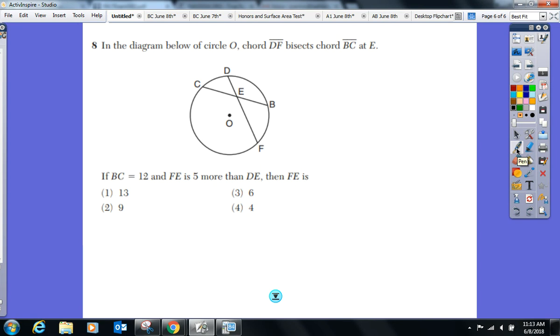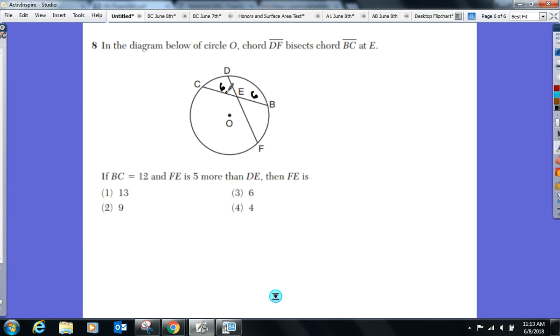BC is 12, FE is 5 more than DE. Oh, and we were told chord DF bisects chord BC. Perfect. So this is 6 and 6 because it's getting bisected. And FE is 5 more than DE. So I'll call DE X and FE 5 more than that, X plus 5.